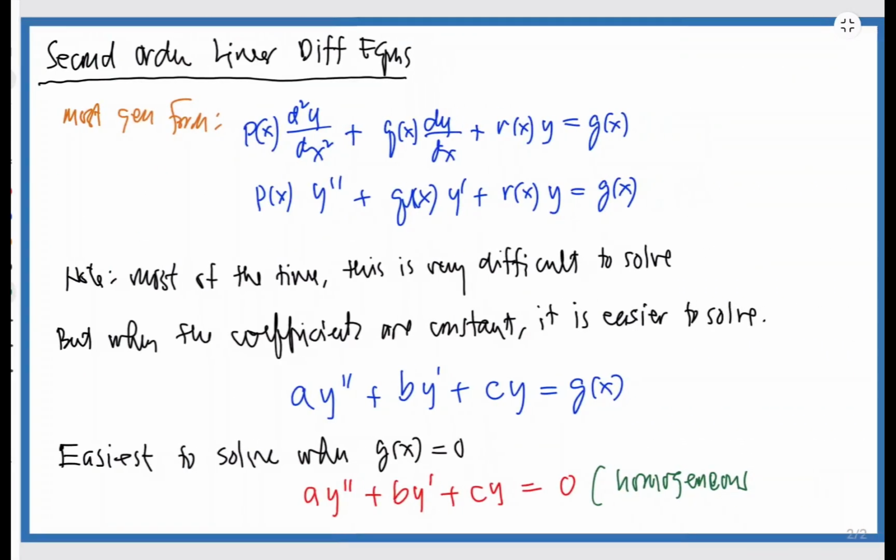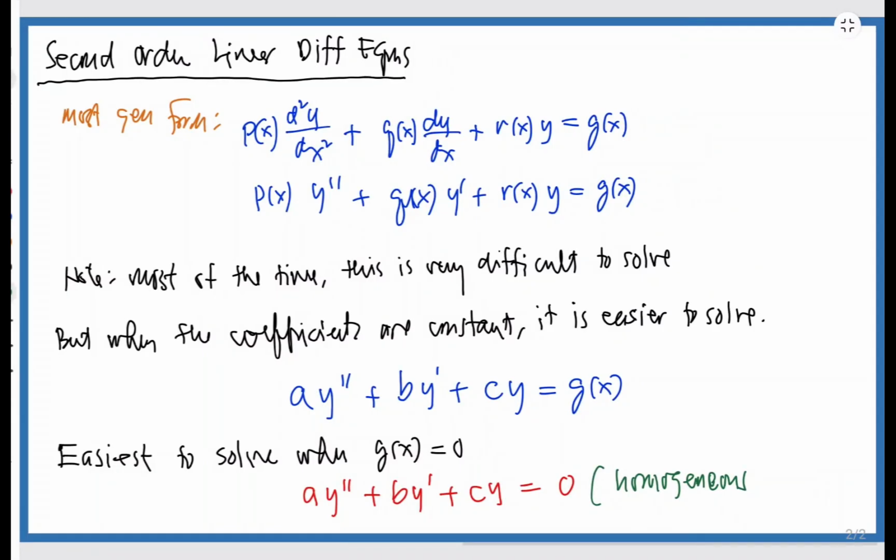Here, it is called a homogeneous differential equation when it is second order linear with constant coefficients. The right side is 0.